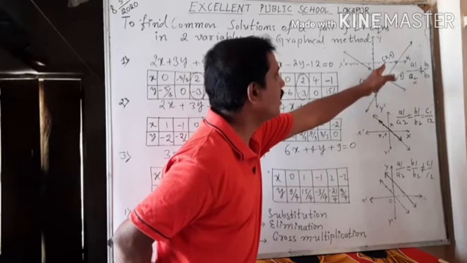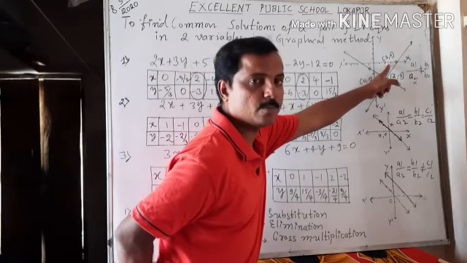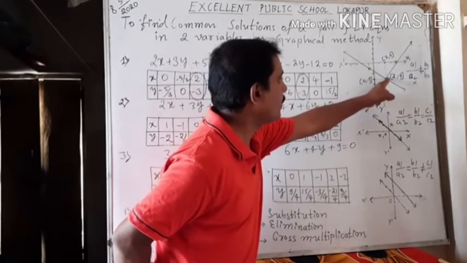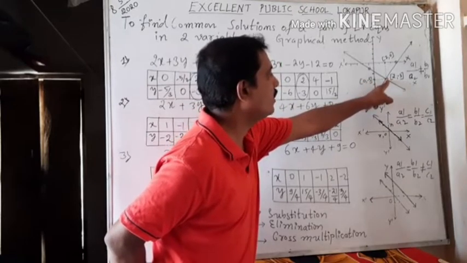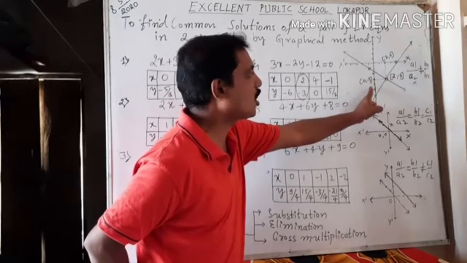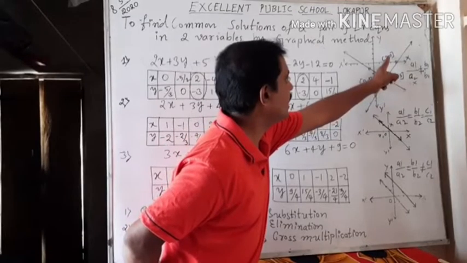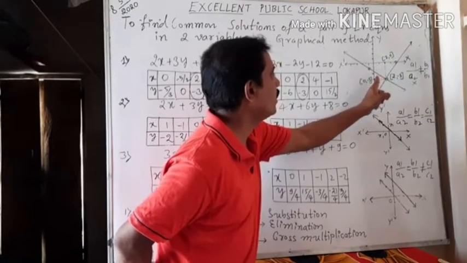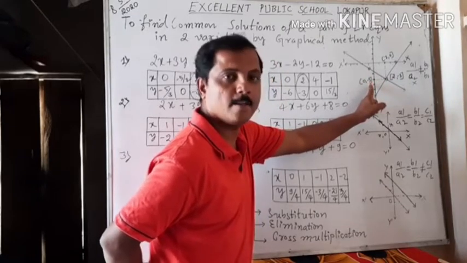The perpendicular to the x-axis intersects it at 2, 0, right? And draw a perpendicular to the y-axis from this point of intersection. This line intersects the y-axis at 0, -3. Okay. Here, this is the x coordinate of 2, 0, and this is the y coordinate of 0, -3.